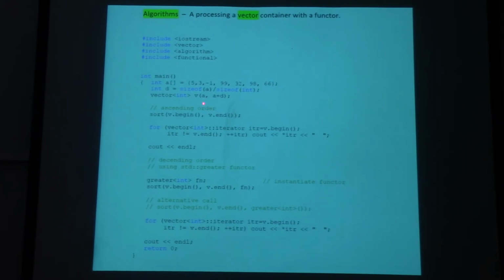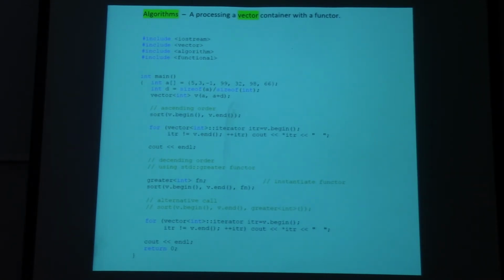A is the address of a, so it's a pointer to the 5, if you will. And a plus d is what? That's the pointer to the end of the 66. Okay, so I'm constructing a vector giving it 2 pointers, and those pointers are going to be assumed to be the begin and the end of that collection, each of them moving through integer values.